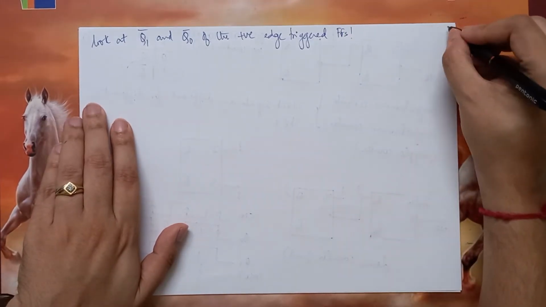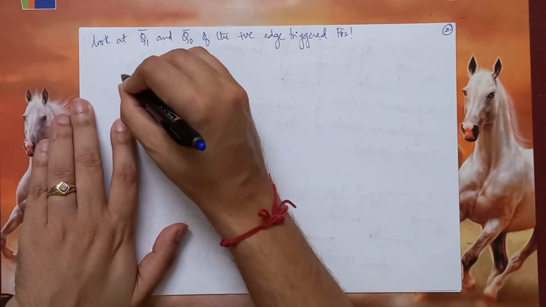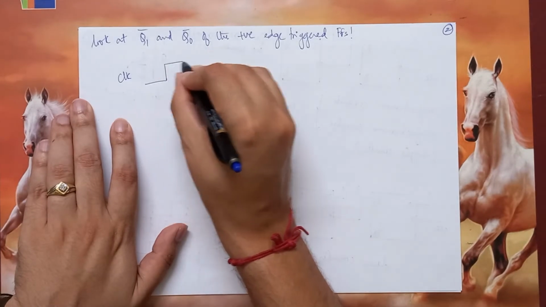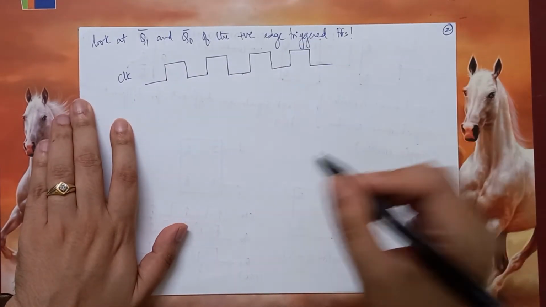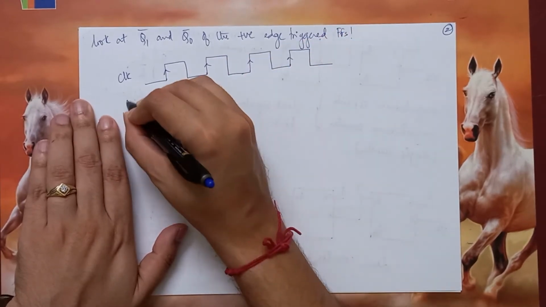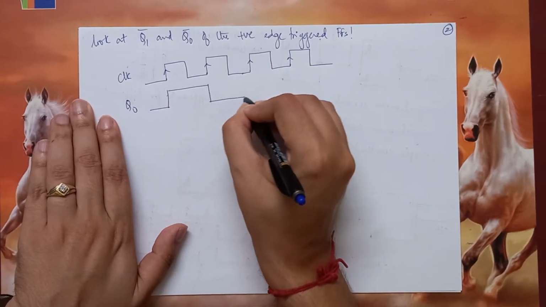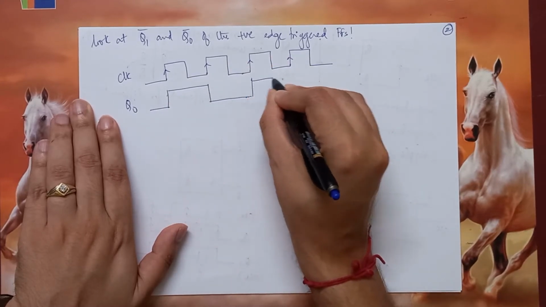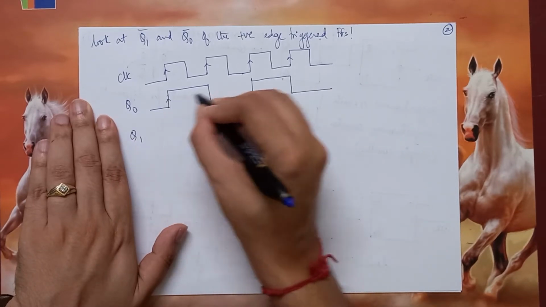Let's quickly draw the waveforms without drawing the circuit diagram all over again. So Q0 looks like this. Q1 looks like this.